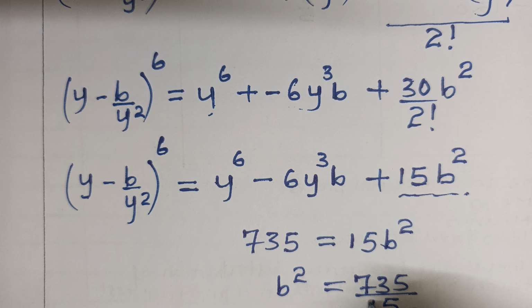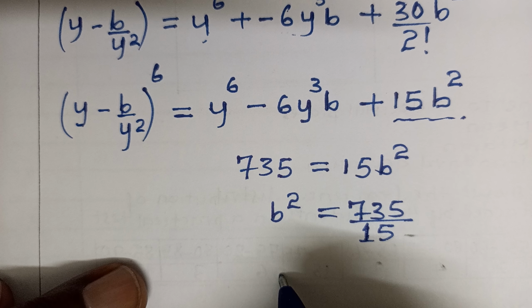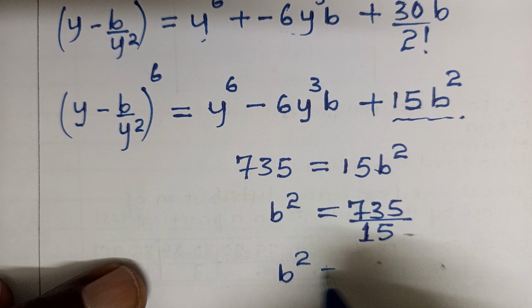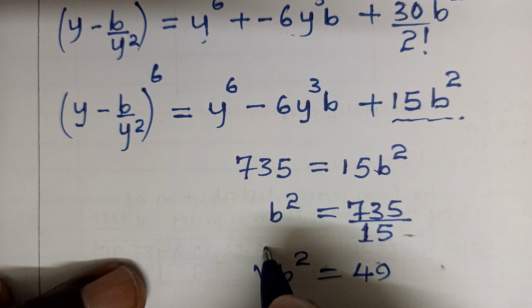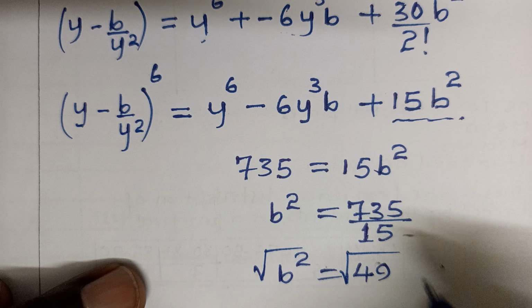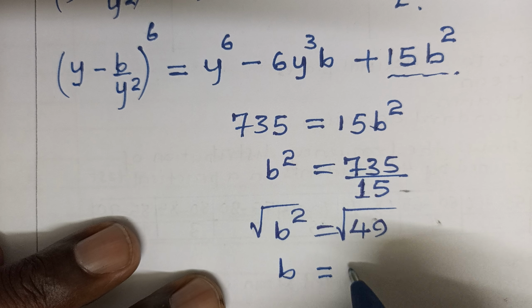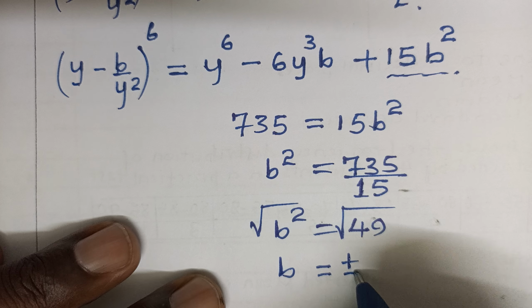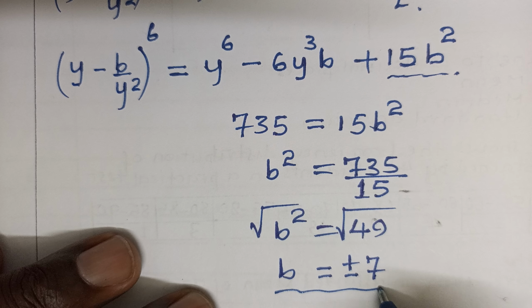This now comes to b squared equals 49. Now taking square root on both sides, we shall have b is equal to plus or minus 7. And so this is our solution.